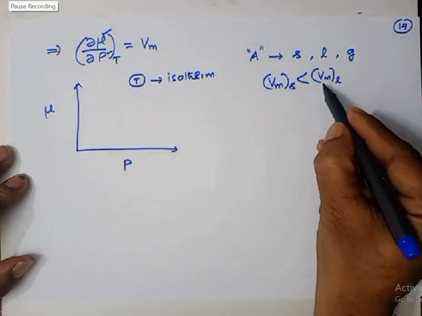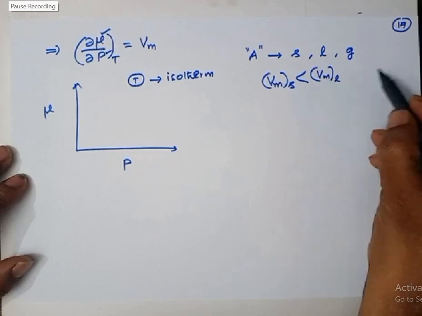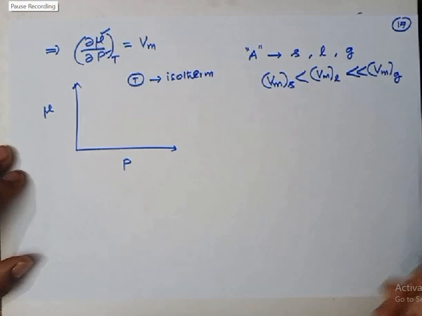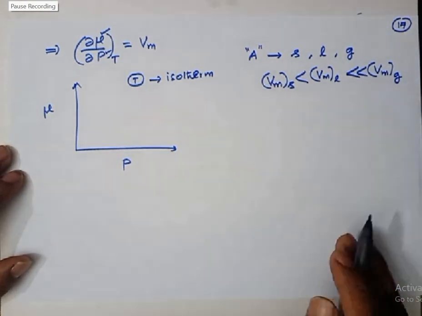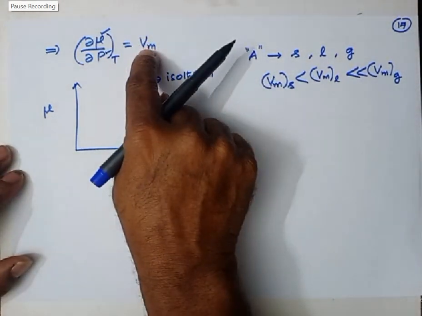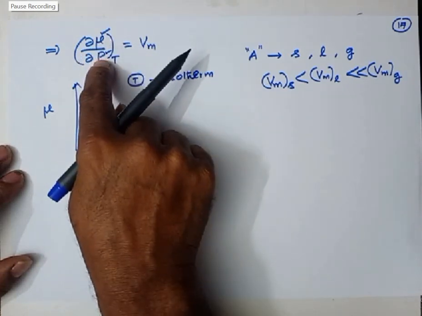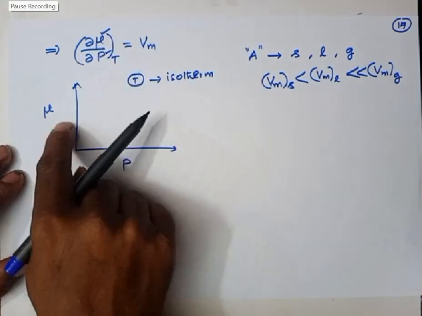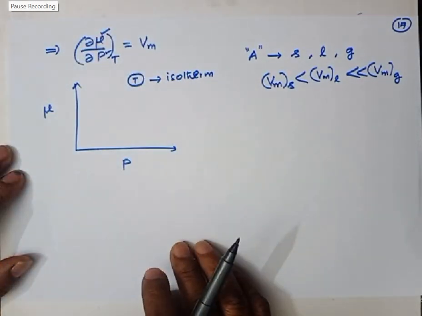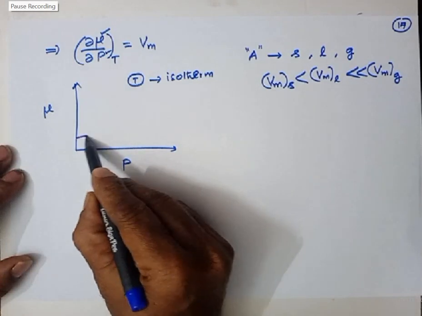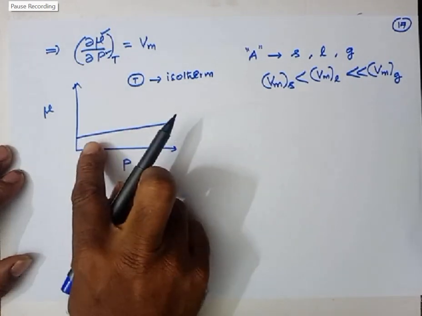Actually there isn't a very big difference there, but the molar volume of gas is very large. Molar volume is nothing but the slope of this graph, dμ by dP, the slope of μ versus P. Now the slope is positive, notice, this is for solid.